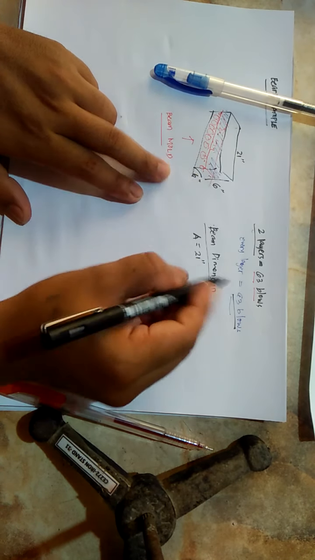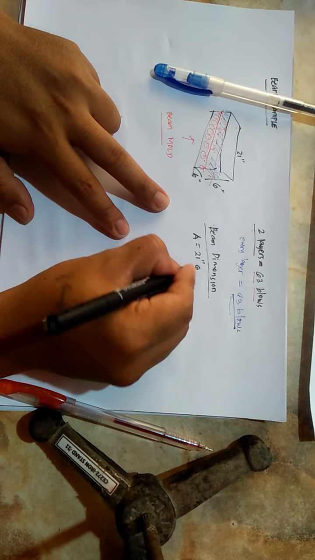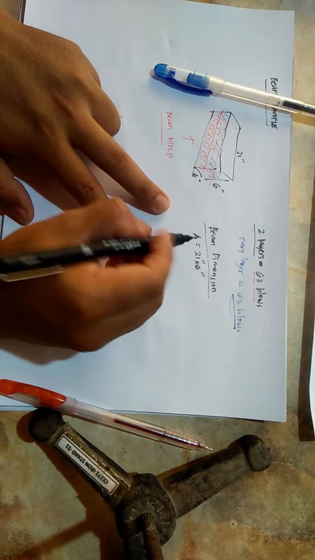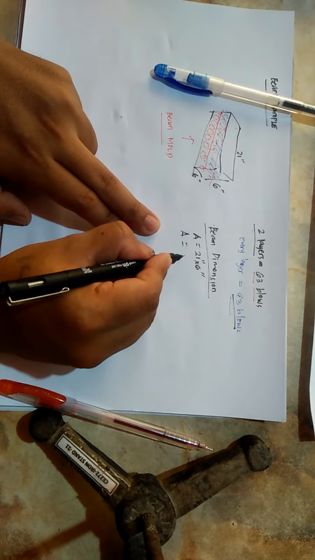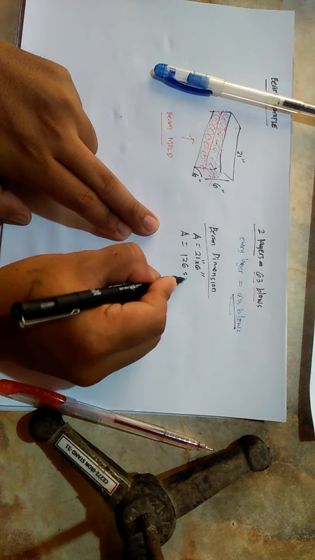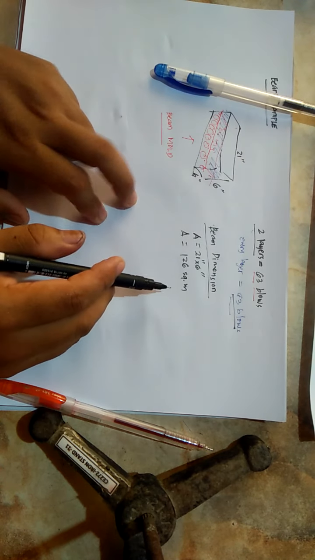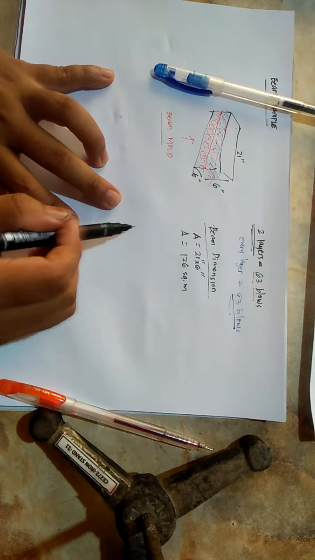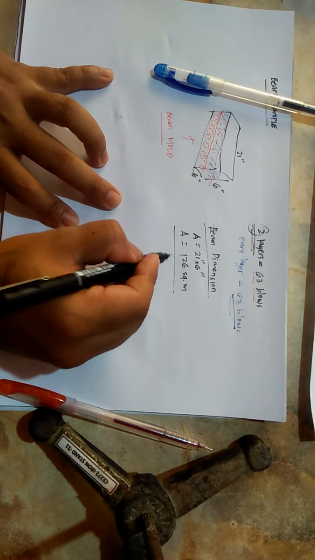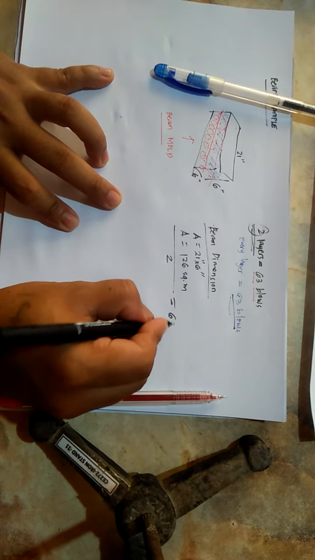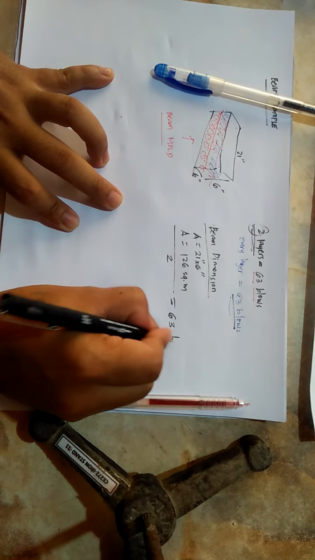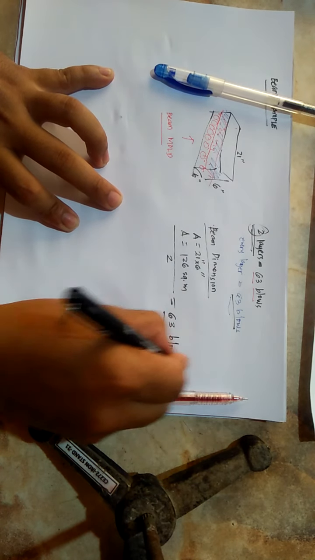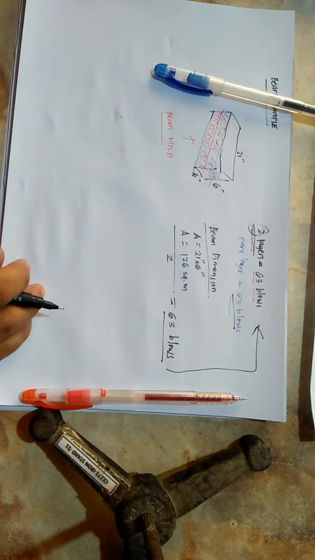And then ang width mo ngayon is 6 inches times 6 inches. So, 21 times 6 is around 126 square inches. Tama? Sabi ko nga, ilang layer ang applicable? Dapat 2. So, divided by 2, this one is equal to 63 blows. So, ito yun. Ayan.